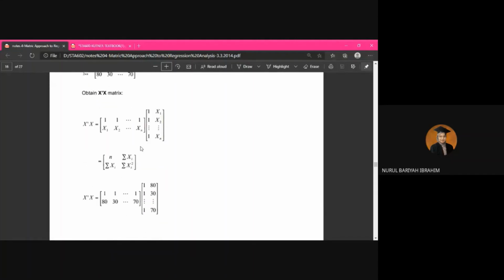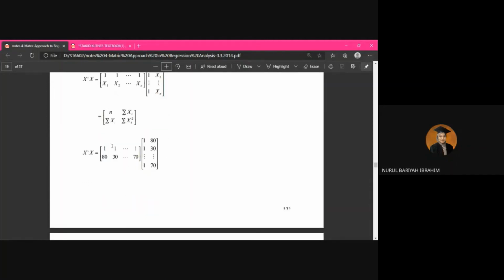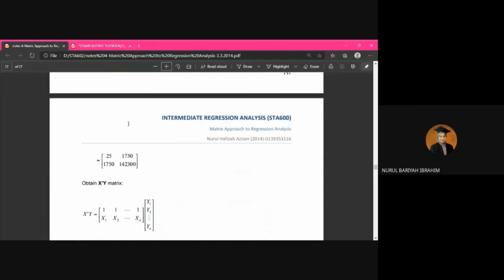When we multiply X transpose and X, we get this. Just replace all the values that we can calculate using the calculator, such as the sum of x squared, so we get this X transpose X matrix. And for X transpose Y, this is the matrix you have memorized before. So this is the matrix you will get.